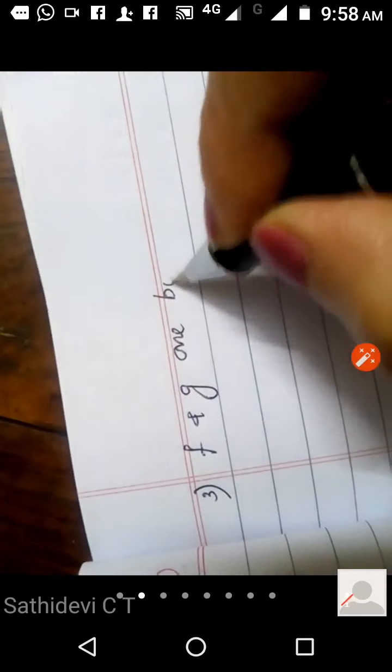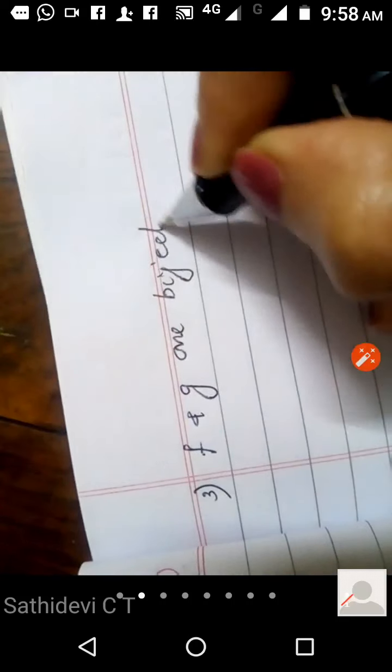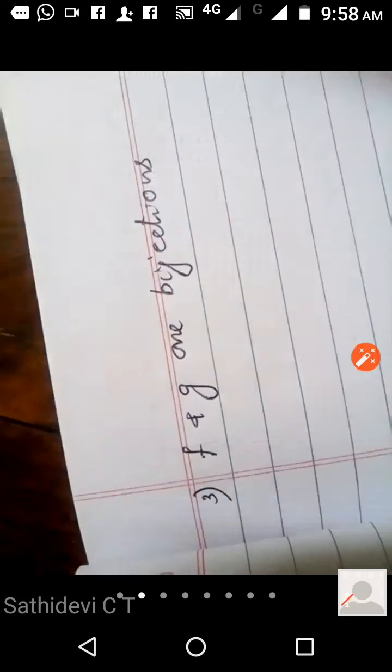Another important property. So we learned now composition is not commutative, but it is associative. Again, suppose f and g are two bijective functions. Third property: f and g are bijections. You know what is meant by bijection. Both of them are 1, 1 and onto.